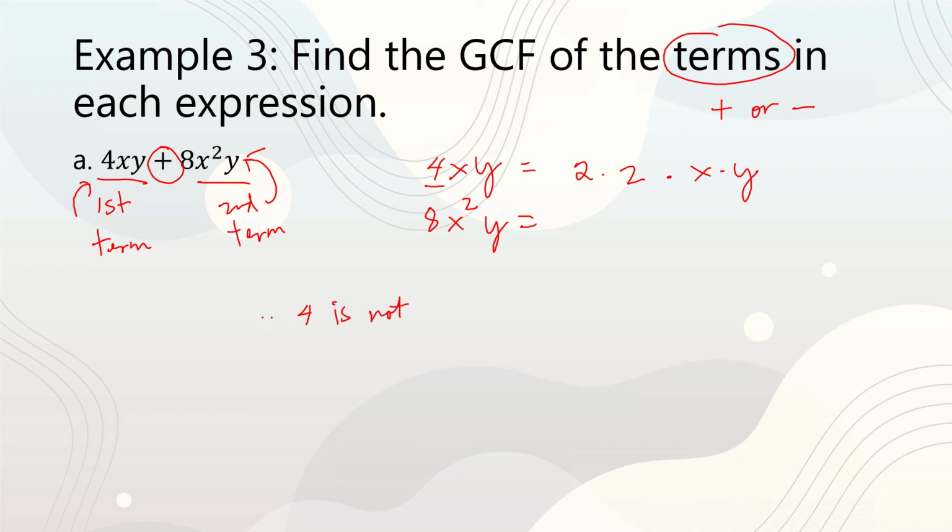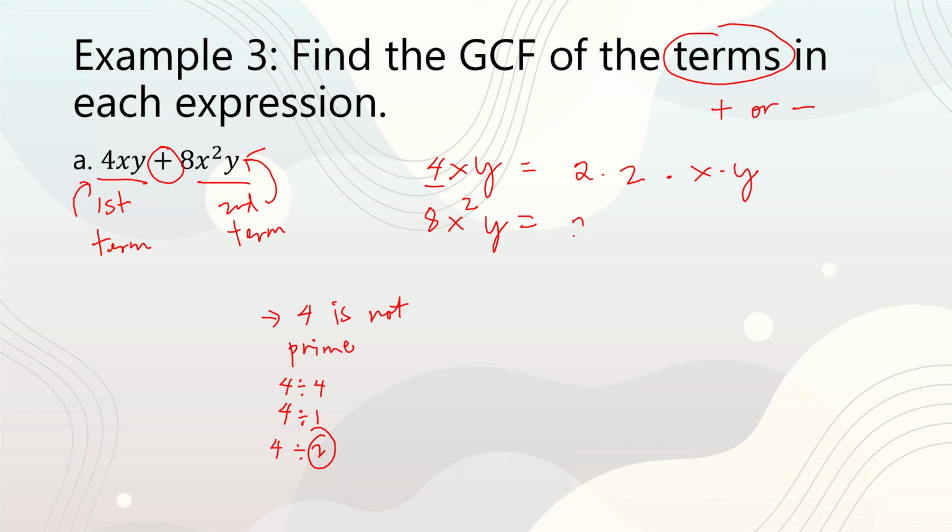Why is it that 4 is not prime? Because 4 can be divided by itself, which is true. 4 can be divided by 1, which is true, because it will give you a whole number. But 4 can also be divided by 2. As we define prime numbers, they can be divided only by itself and 1. But here we can divide it by 2. So that means 4 is not yet our prime factor for 8.